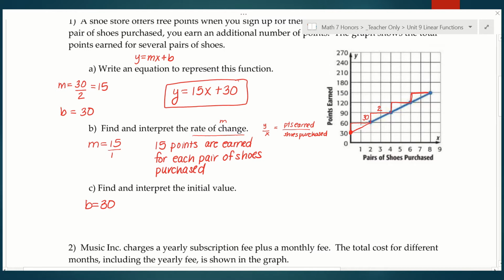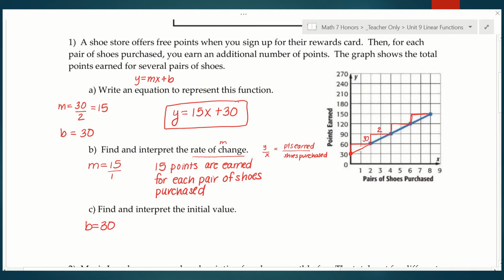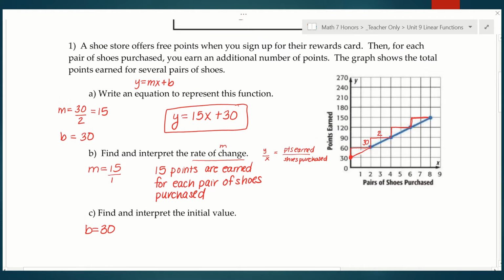Well, if you think about it again as 30 points for no pairs of shoes purchased, why would they do that? Why would they give you 30 points without even buying any shoes? Well, if you go back up to the problem, it says a shoe store offers free points when you sign up for their rewards card. And so that 30 points are your free points for signing up.